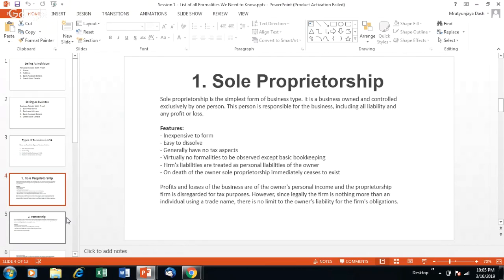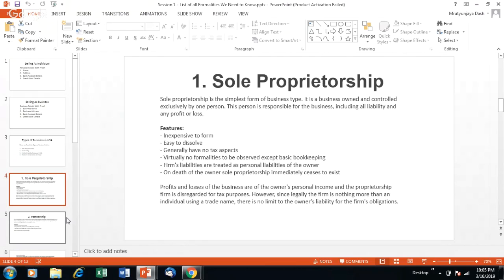The features: it is very inexpensive to form, so there will not be that much money involved for registration purposes. It can be easily formed with minimal expense. It can also be easily dissolved, in the sense that if at any point you want the company to close, you can close it easily. There are not many formalities you have to go through.